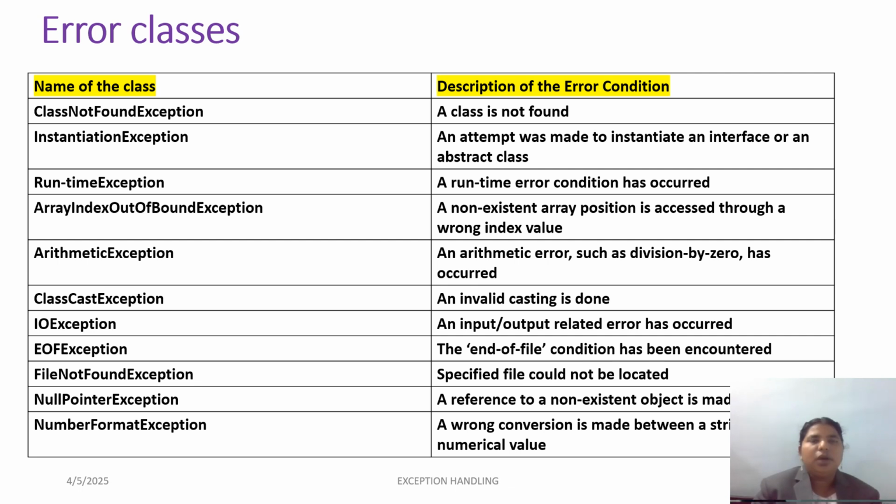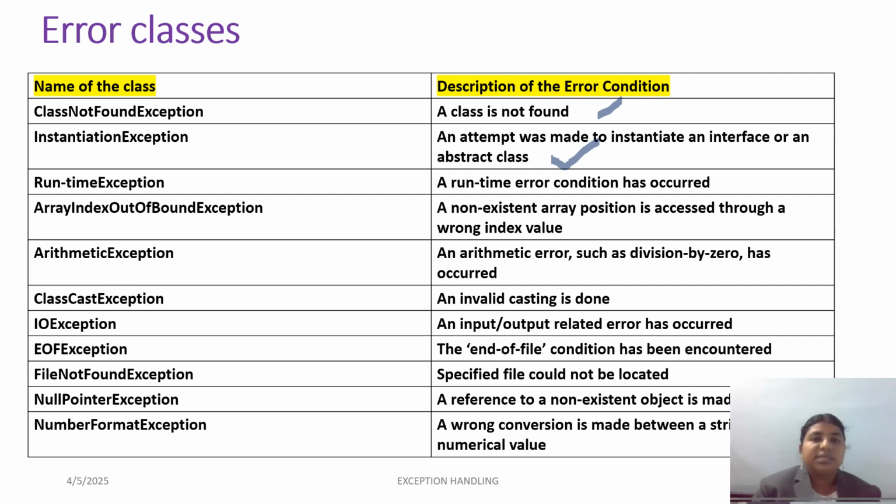Moving to the next topic, error classes. Error classes are defined based on their conditions. For example, ClassNotFoundException occurs when the class is not found or the class name is wrongly mentioned in the code. InstantiationException occurs when an attempt is made to instantiate an interface or an abstract class.